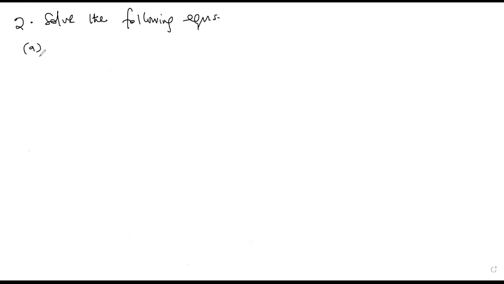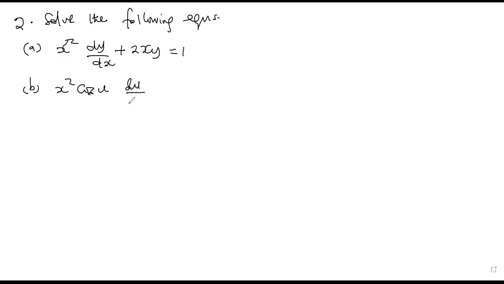A, x squared dy/dx plus 2xy is equal to 1. B, x squared cos u du/dx plus 2x sin u is equal to 1 over x.